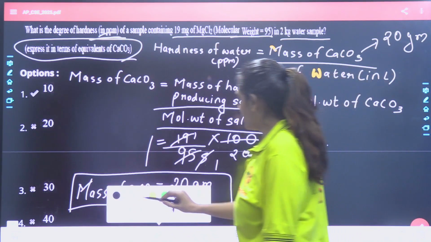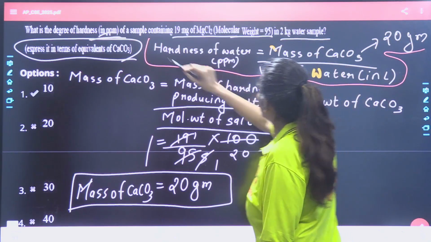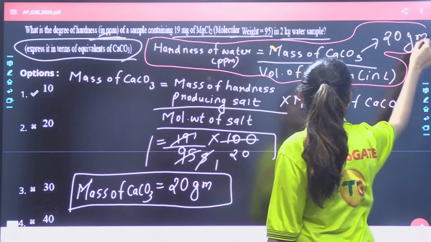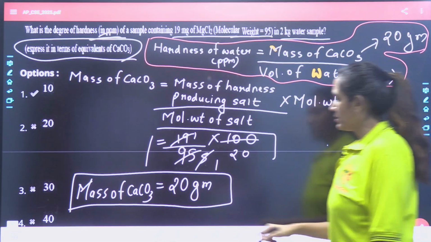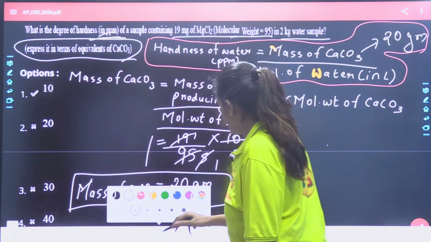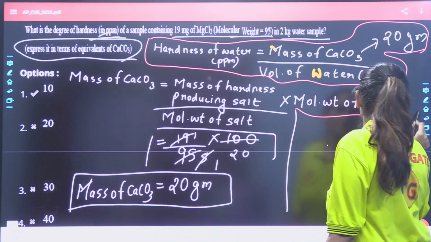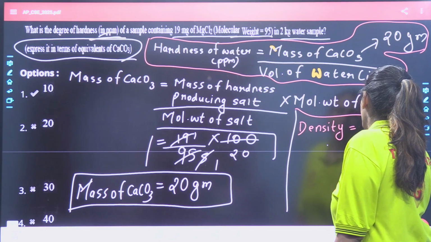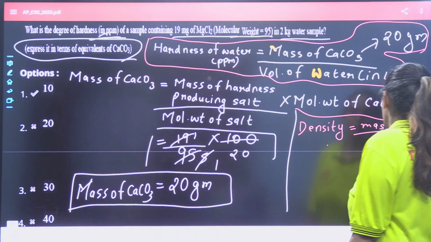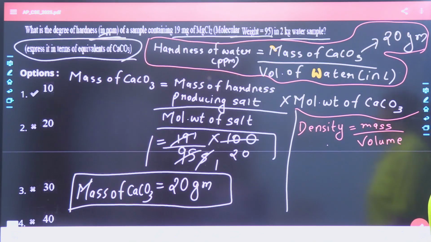Right now we do not have the volume of water in this formula, but we have the water sample's weight. One more formula that we know is that density is equal to mass divided by volume.